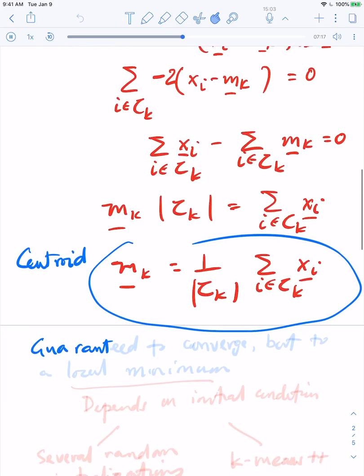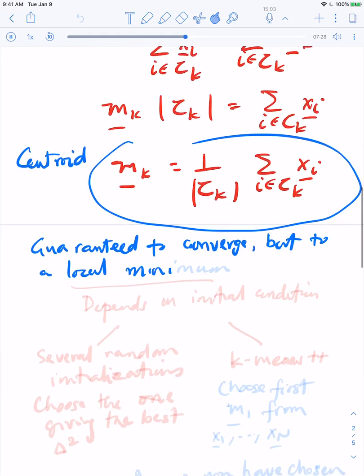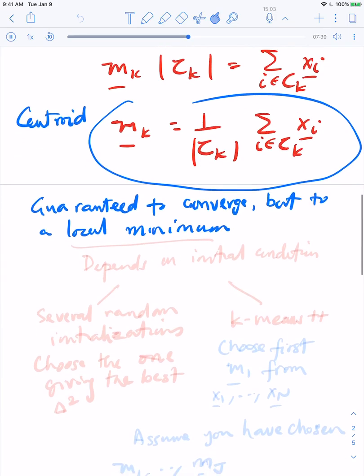So in practice, how do we deal with that? Well, the local minimum depends on where we started from. So there are 2 options really. Many options, but this depends on the initial condition.